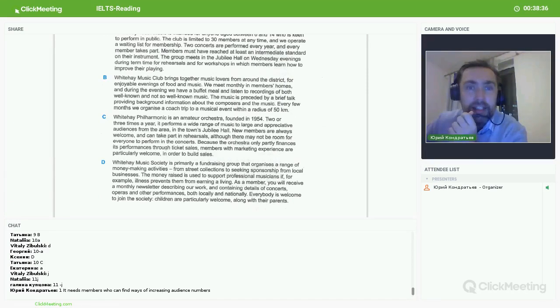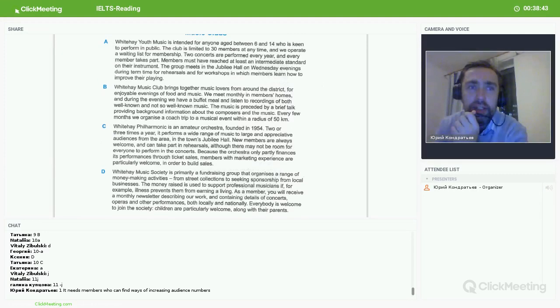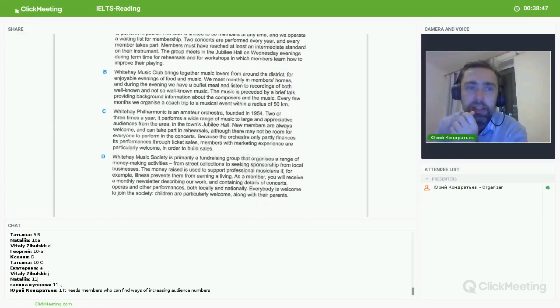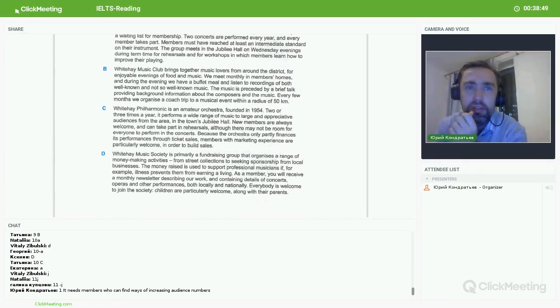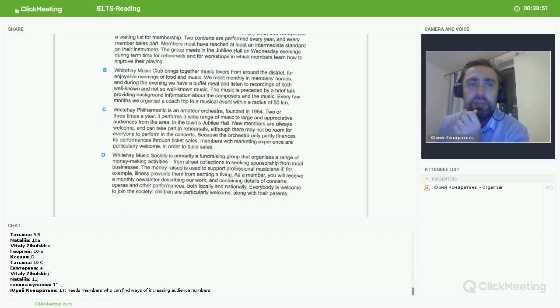Can you please find a synonym for this in these 4 texts and tell me which text that is and which are the words? I will scroll a little bit up and a little bit down so you can have a look.